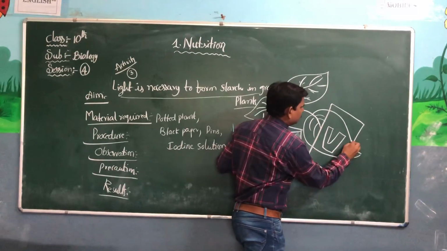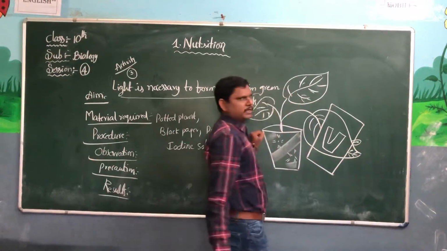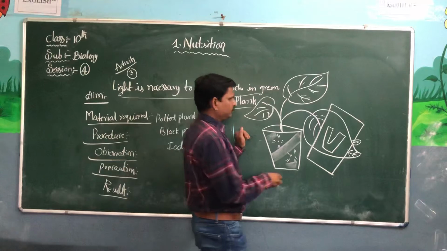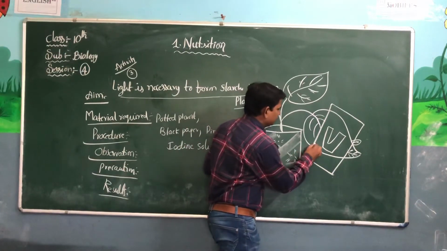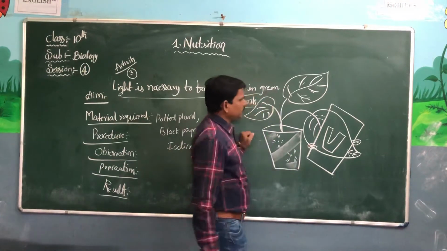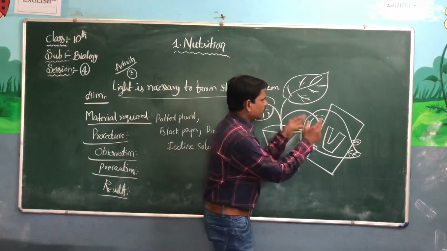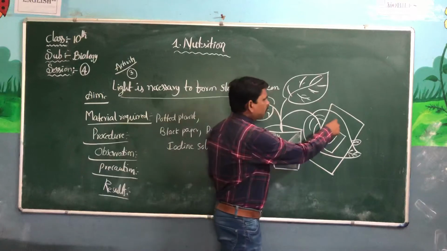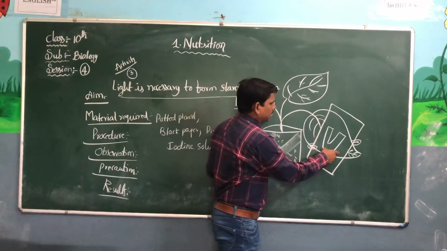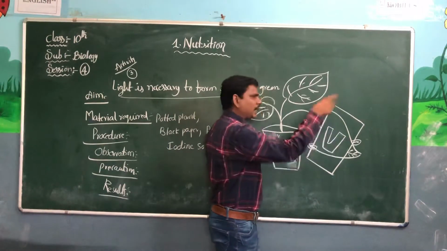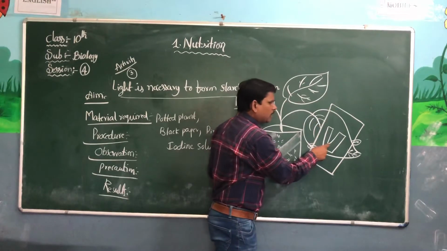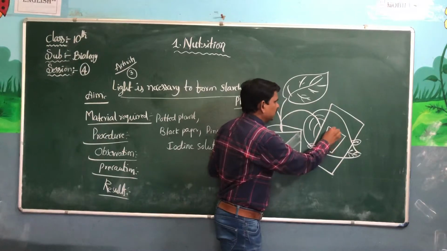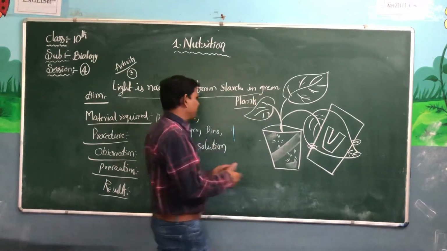We should put some pins also here, because the black paper should not move by the wind. See, we are covering this leaf with the black paper. This part is not exposed to the sunlight, but this part where we designed the letter is exposed to the sunlight. It is a simple experiment.